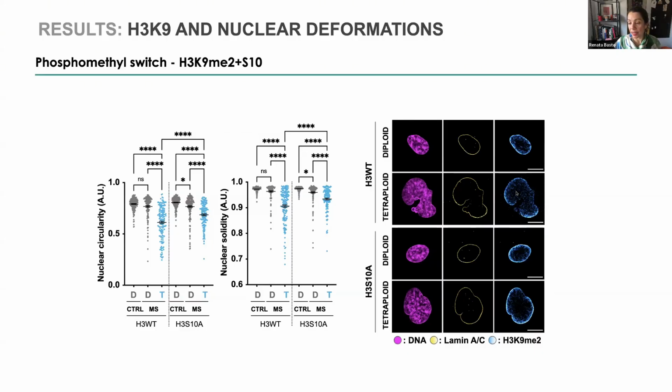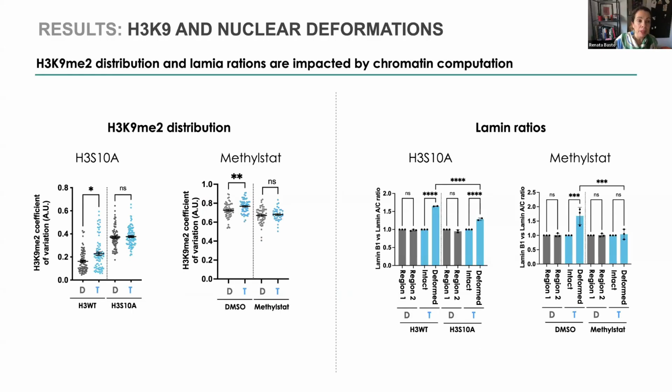If you look at the nuclei, also you can see the differences between tetraploid nuclei as control or the ones where cells are expressing the alanine mutant. Now, we also treated these nuclei with methylstat, and you can see that indeed this actually leads to an improvement not only of H3K9 dimethyl signals, but also of lamin ratios.